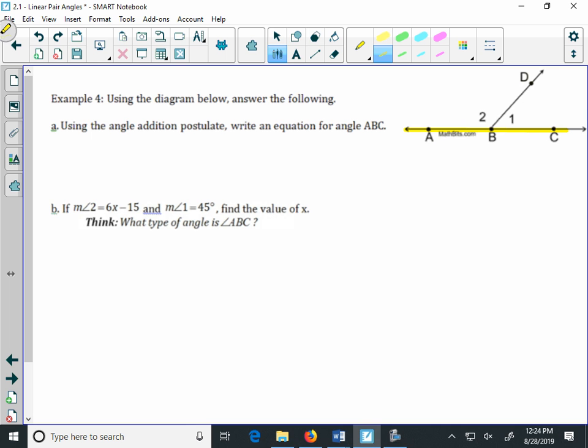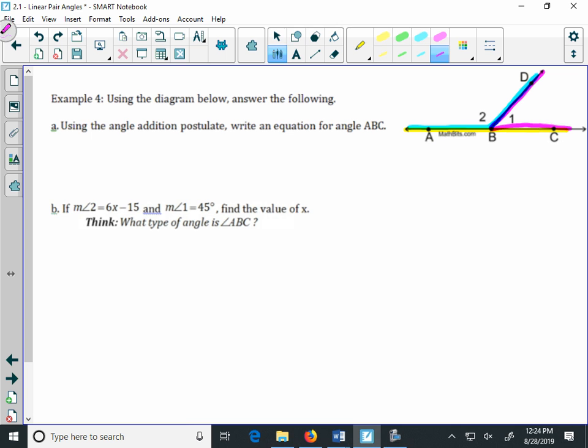It is a straight angle. What two angles are making up that angle? Yeah, ABD and CBD. Those two angles are making up that straight angle.